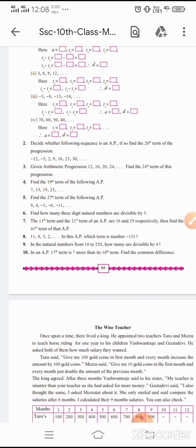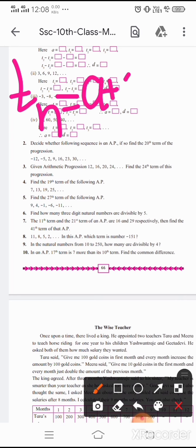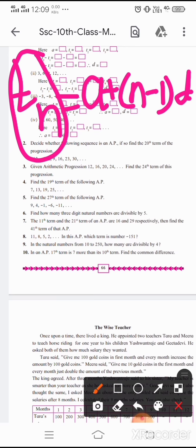So for that we have another formula, that is, you can say T of n, the nth term of an AP. nth term means whatever number they have given, up to however many terms we have to find, that particular number we have to substitute in the formula, and then we will get the answer. So I'll just tell you the formula. The formula is T of n is equal to A plus in bracket n minus 1 and then D. Okay, here this is your nth term, whatever the number I have given.